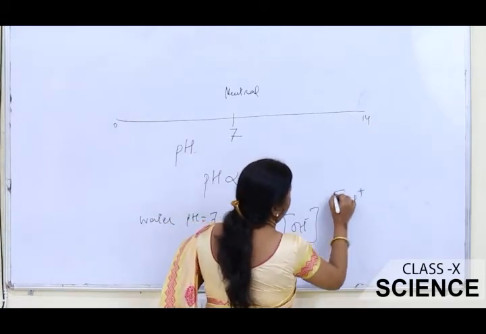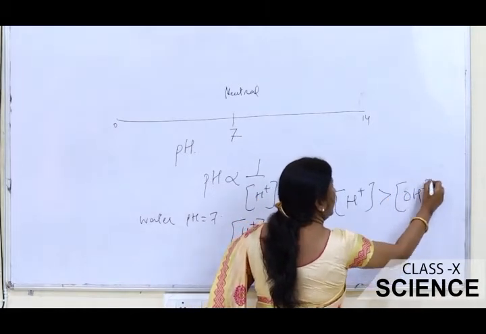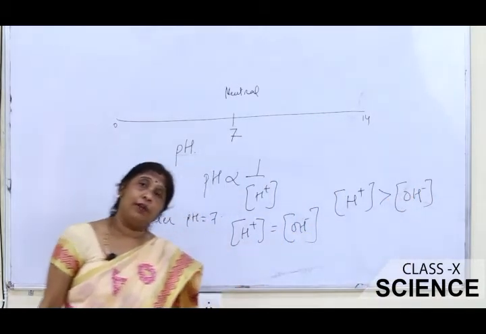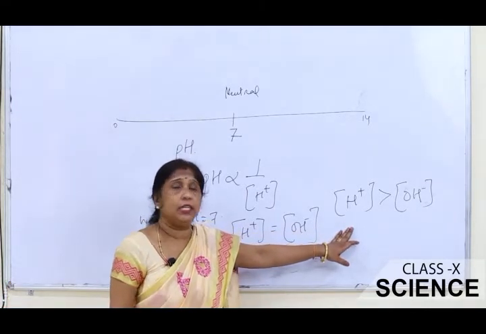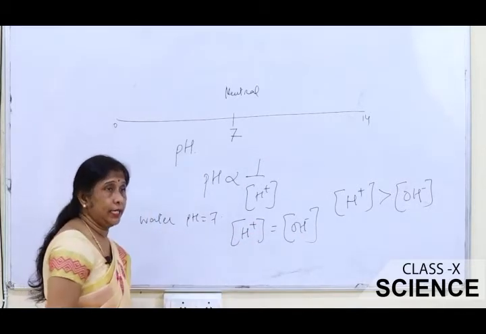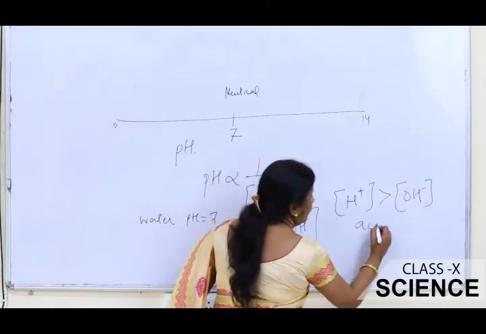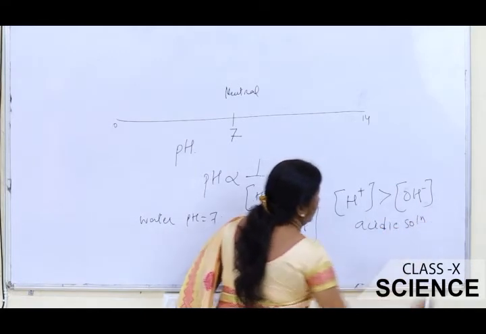The concentration of the hydrogen ion will be more than the concentration of the OH- ion. The solution will become acidic because the H+ ion is more than the OH- ion. So it becomes an acidic solution, isn't it?